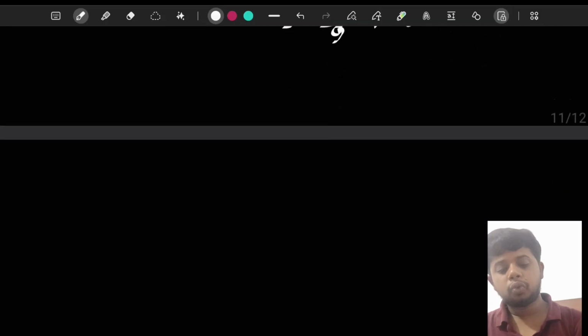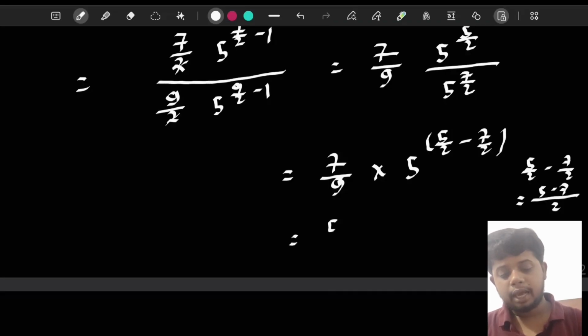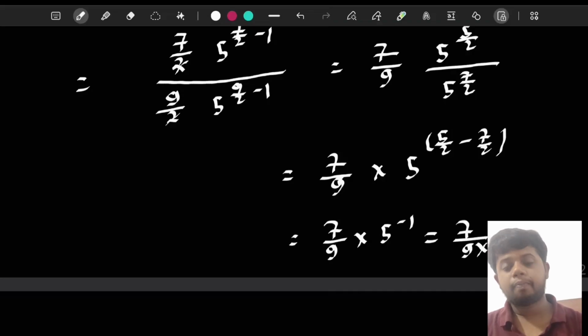So 5 by 2 minus 9 by 2, it will come minus 4 by 2, meaning minus 2. I'm getting 7 by 9 into 5 power of minus 2. And eventually, I'm getting 7 by 9 into 5, that means I'm getting answer 7 by 45. Correct? We'll say yes sir, correct.